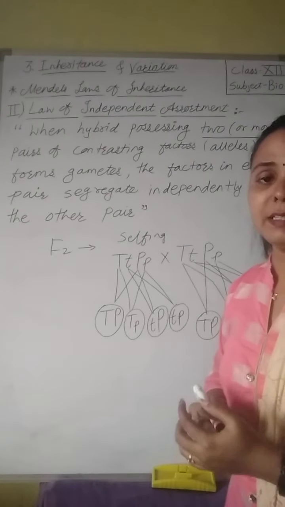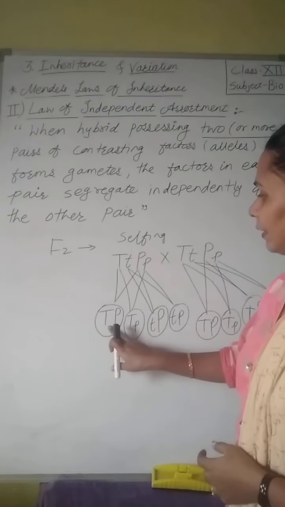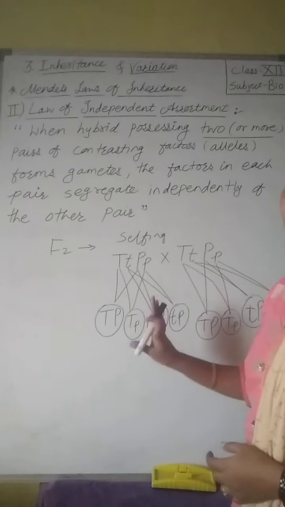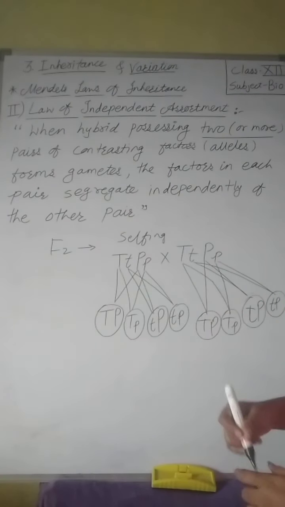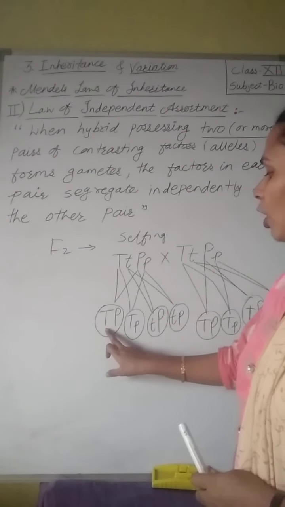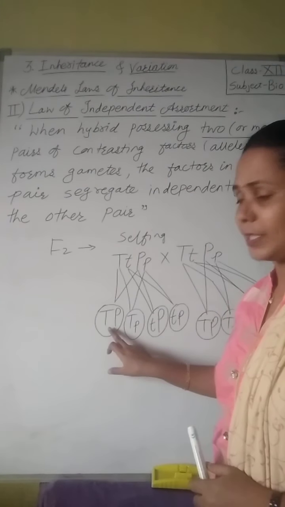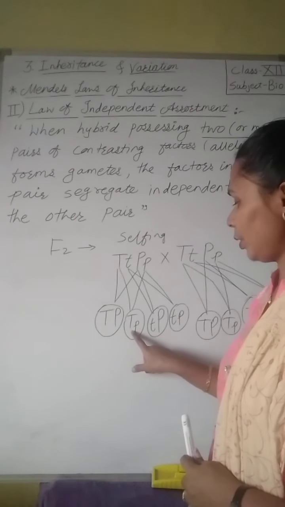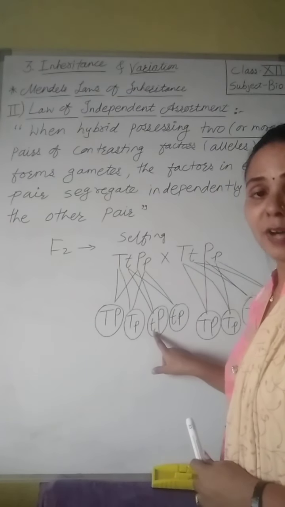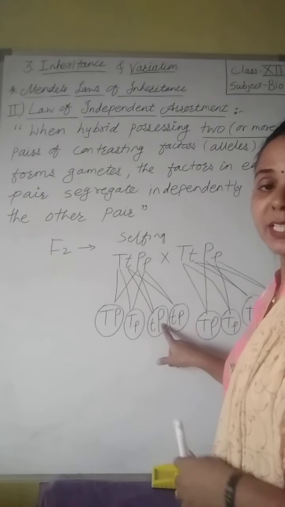So we can easily understand that each character has its own identity. No one is influencing another. In this case we are getting completely tall and purple gametes. Here we have tallness and white. Here we have dwarfness and purple. Purple is dominant.